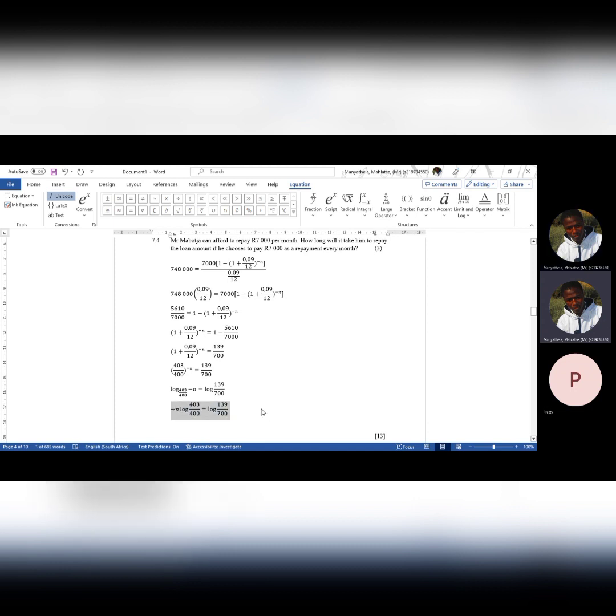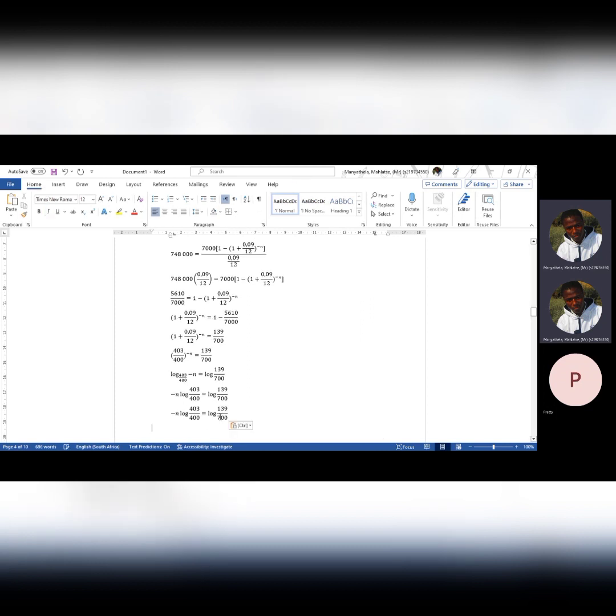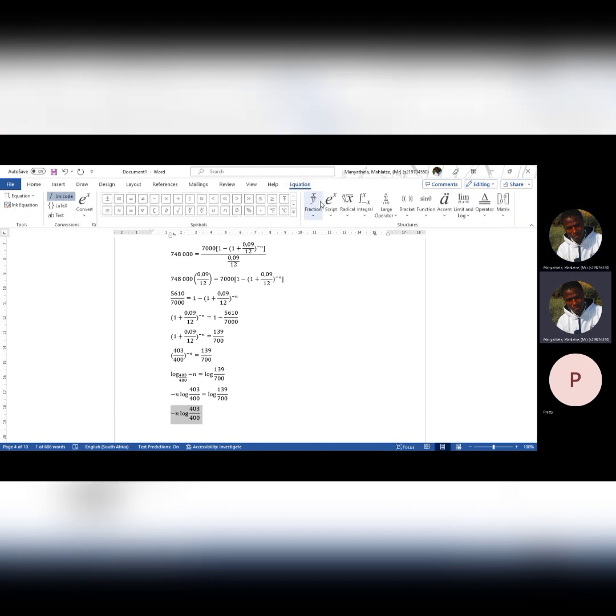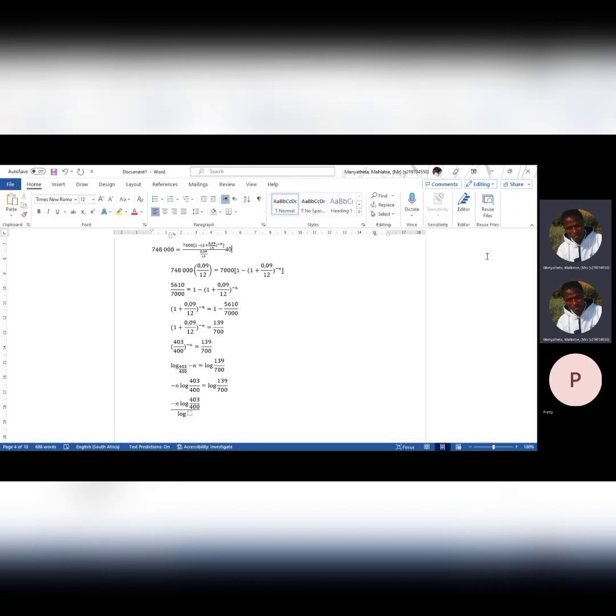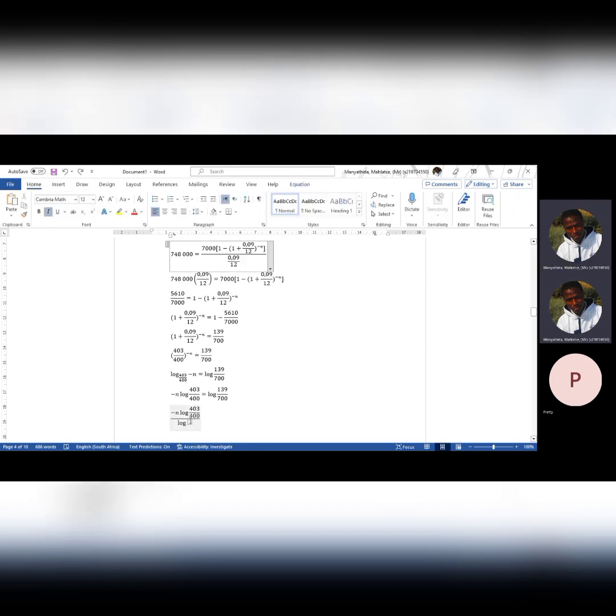Here's the second step. The whole of this side is divided by log 403 over 400, and the other side is log 139 over 700 over log 403 over 400.